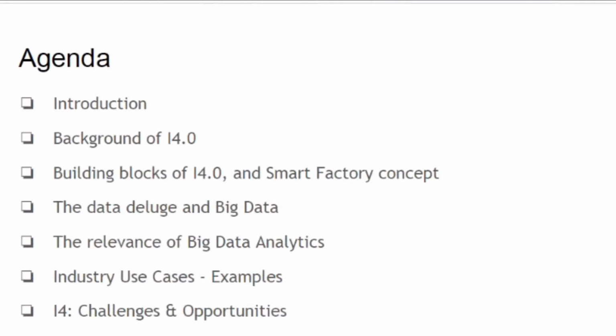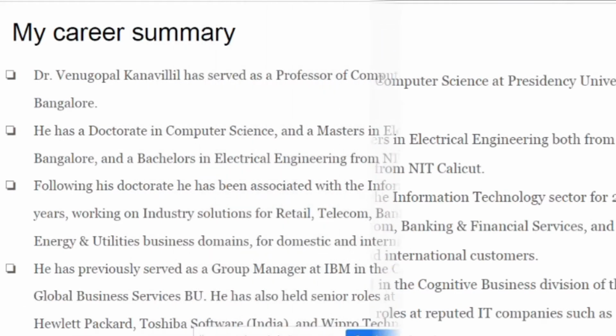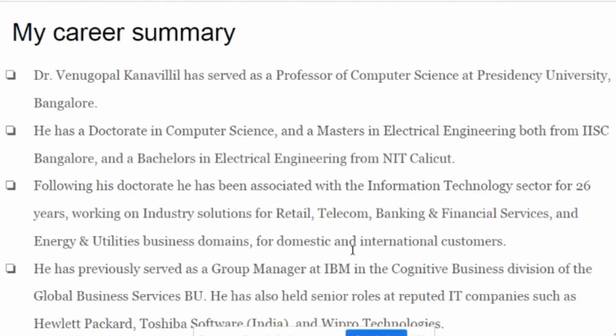I will not spend much time on this. I have a PhD from IISc Bangalore, and I also did a master's from IISc Bangalore, and before that a bachelor's in electrical engineering from IIT Calicut. Ever since my doctorate, I've been in the IT industry for close to 26 years. The last industry engagement was as a group manager at IBM Bangalore in the cognitive business division.